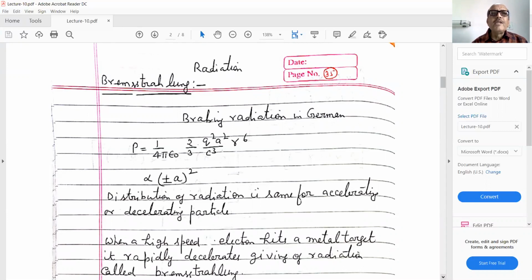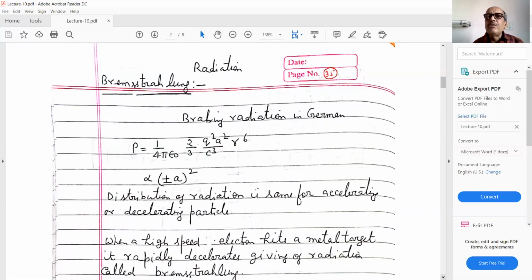Now the answer to this is that these radiations are Bremsstrahlung radiation, because when the electrons bombard the high Z target, they are decelerated by different amounts, and when they are decelerated, they give us radiations, and we call them Bremsstrahlung radiations. So continuous radiations are nothing but the Bremsstrahlung radiation.